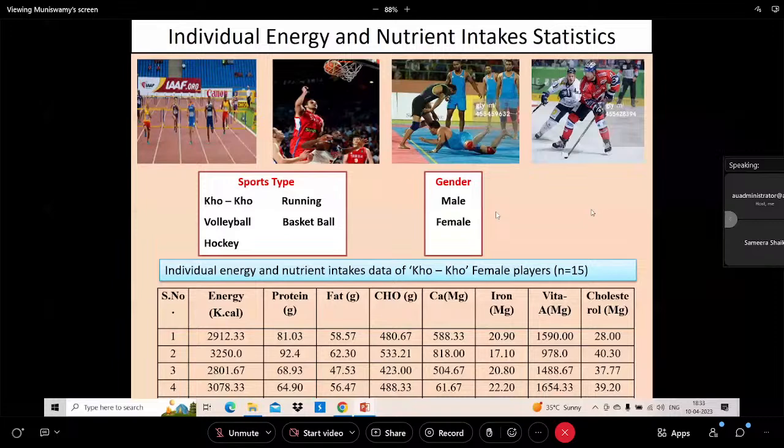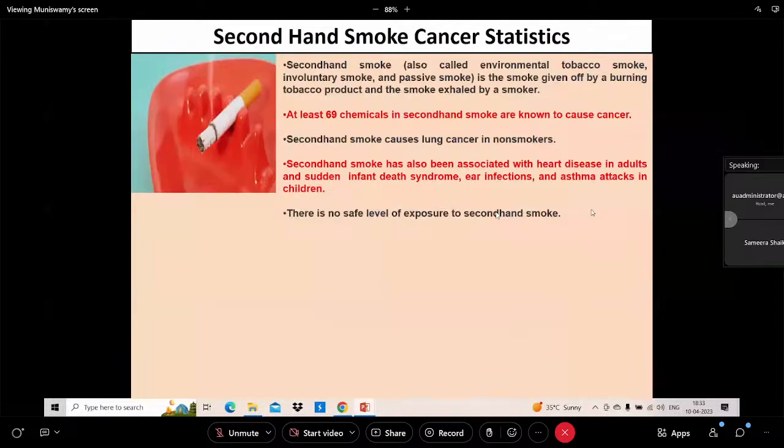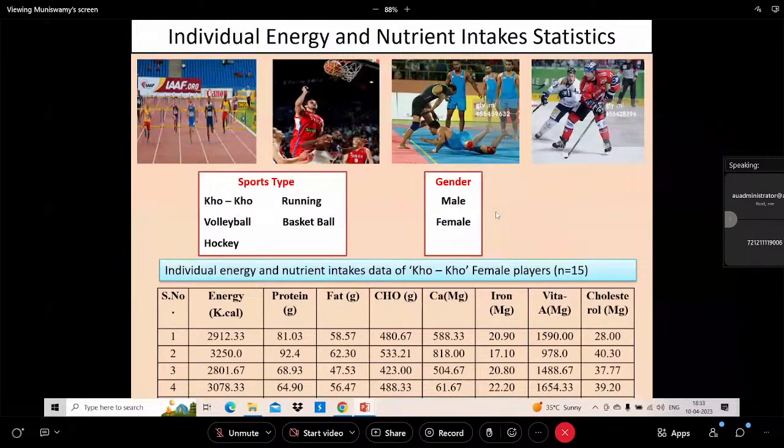This is one case study. Here my intention is, sports type is a factor, gender is a factor. So the energy is depending on sports, and also on male or female, and also on age categories.